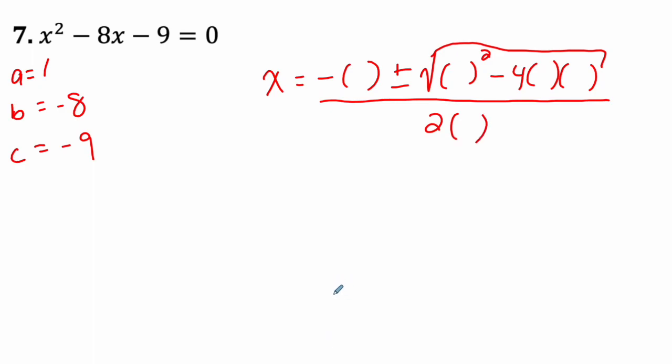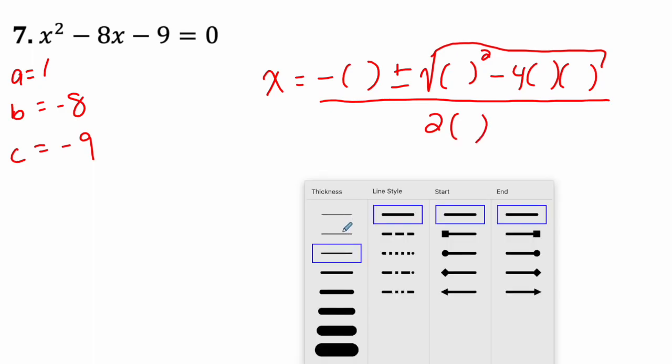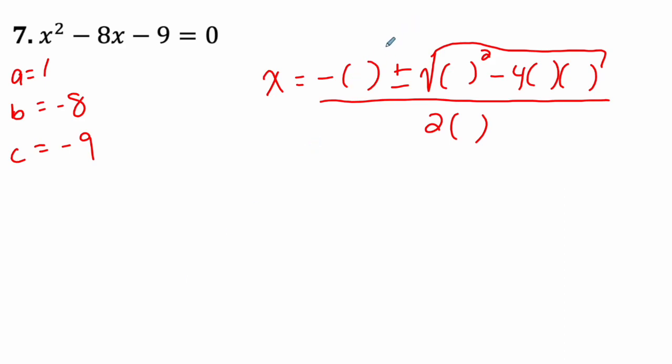All right, I'm going to change up my color again just so it stands out a little nicer. So negative b is -8. b is -8 squared minus 4 times a is 1, and c is -9. 2 times a is 1.